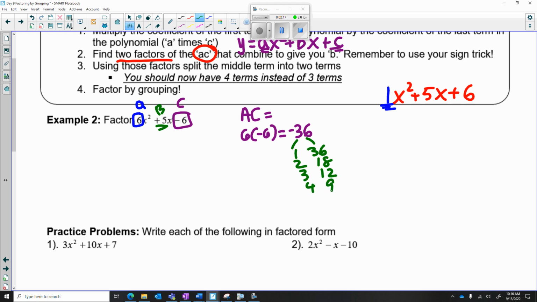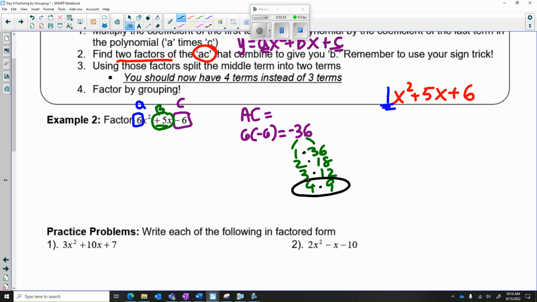Now we're going to look at the middle term, which is the B term. Do you see that the B term is positive 5? So I want to make a positive 5. So hopefully you realize that when you multiply, you can pick 4 and 9. And when you add, you can make 5 if one of them is a negative sign. So my rule that I do is I say the bigger number gets the middle sign.